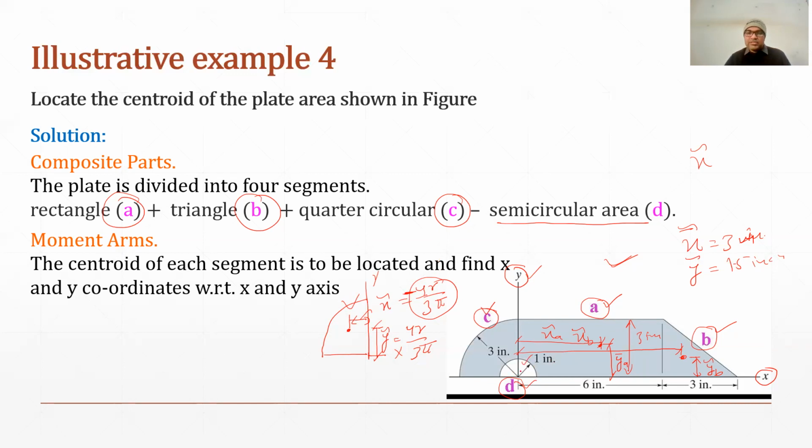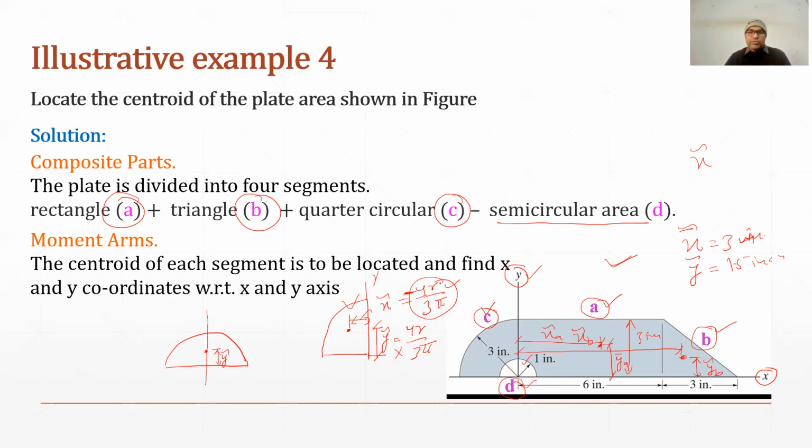Okay. Similarly for the semicircle also, the centroid will be somewhere here, and along this centroid y-axis is passing, which means x approx value of this centroid of this semicircle will be 0, but we need to have y approx value for this, and y approx value will be, again I think, 4 by 3 r by pi.